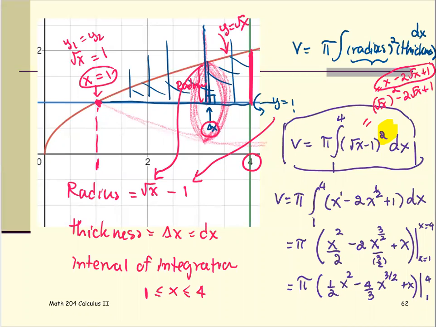Okay. The next step, as your routine work, you replace with the upper limit first. So 1/2 times 4 squared minus 4 over 3 times 4 to the power 3 halves plus 4, and then subtracted by another substitution by 1.